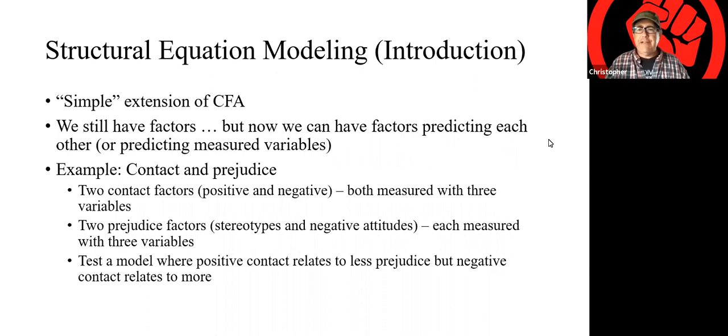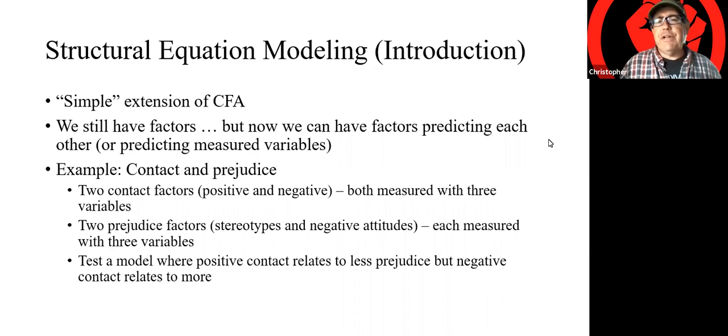I'm using some data from some of my studies. We have 2 factors related to contact, both positive aspects of intergroup contact and negative aspects of intergroup contact. Both are measured with 3 individual variables. So there are 3 measures that get at aspects of positive contact, and aspects of negative contact. So those are 2 of my factors.